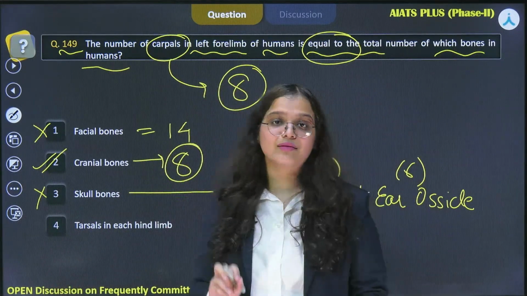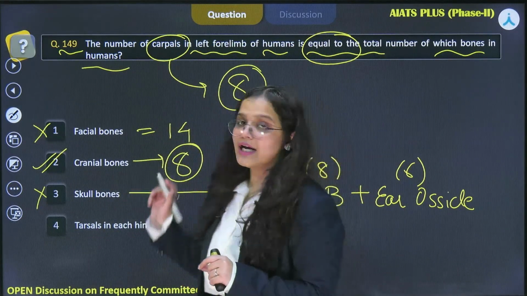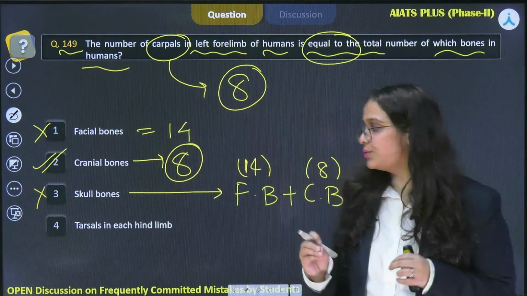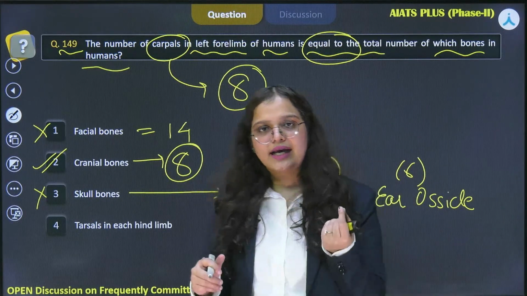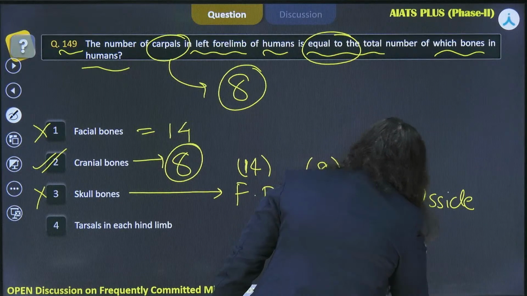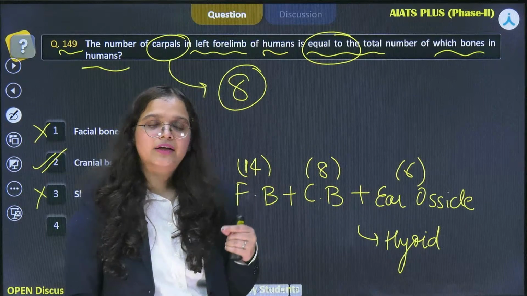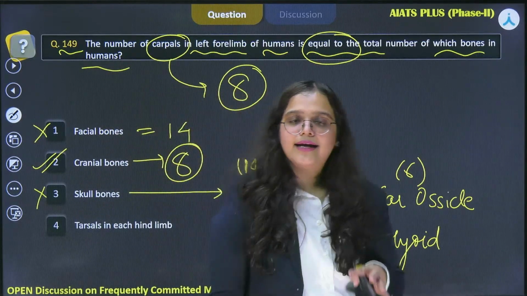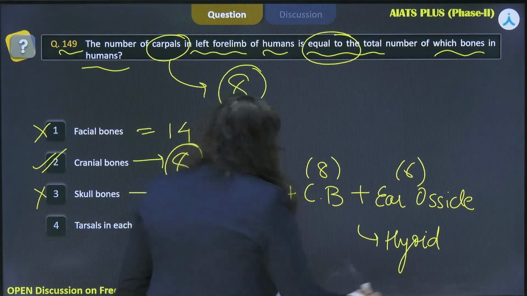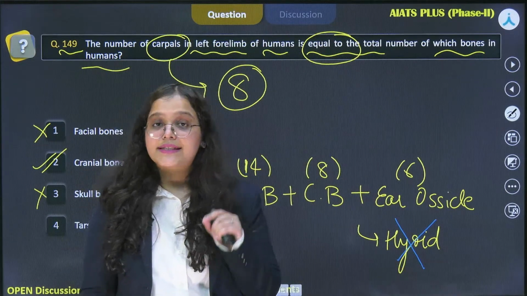We discussed skull bones include these 3 bones, and therefore the skull bone cannot be the right answer. It is an important point to note that in our old NCERT, we would also include hyoid as a skull bone. But the latest update from the NCERT itself states that hyoid will not be included as a part of skull bone.